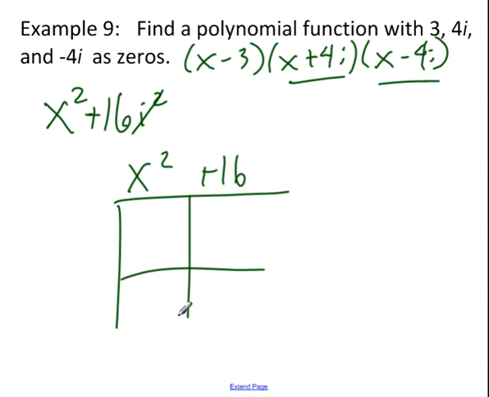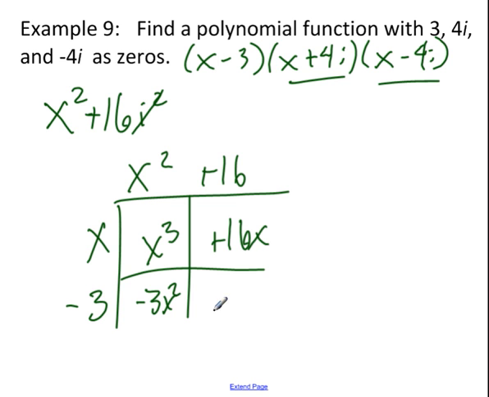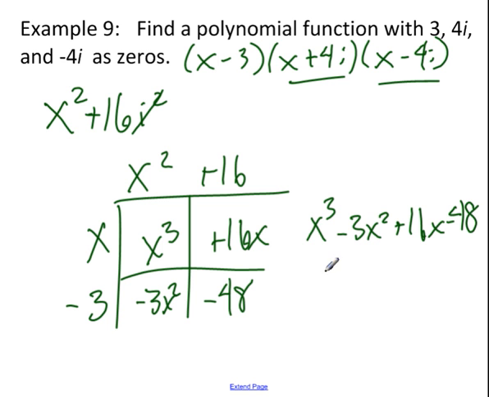And multiply here, x minus 3. And what's that, 48 minus 48? Alright. So we got our x cubed minus 3x squared plus 16x minus 48.